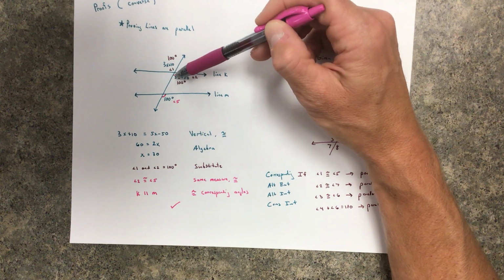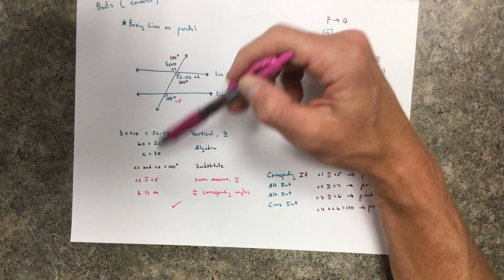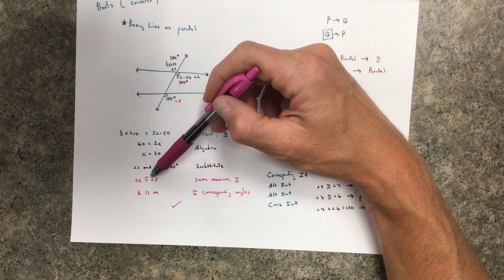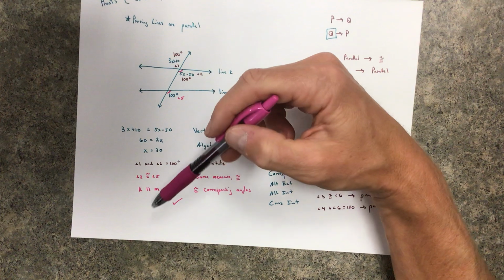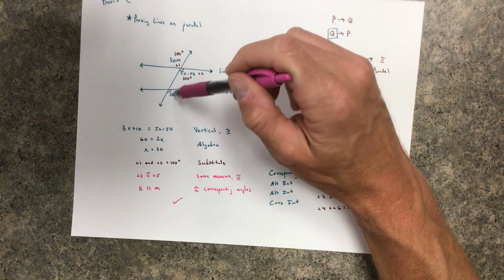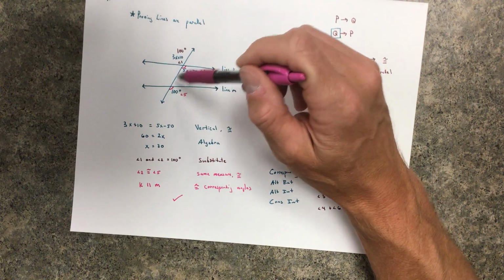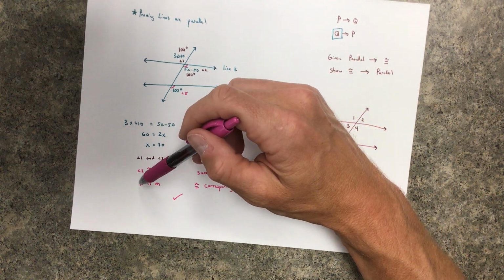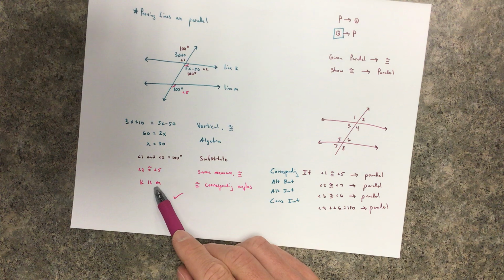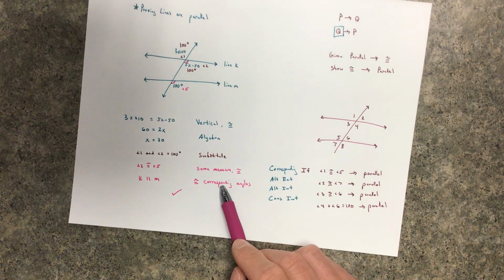If this is 100 and this is 100, those two angles are congruent because they have the same measure. It's the definition of congruent. Then I can claim I've shown that these are congruent corresponding angles. That means that K is in fact parallel to M, and the reason is corresponding angles.